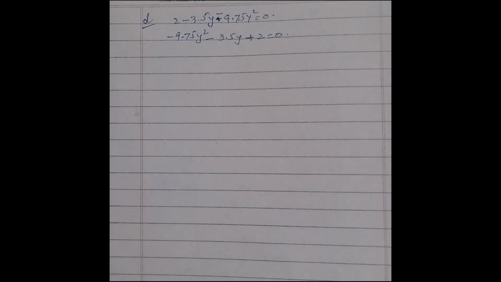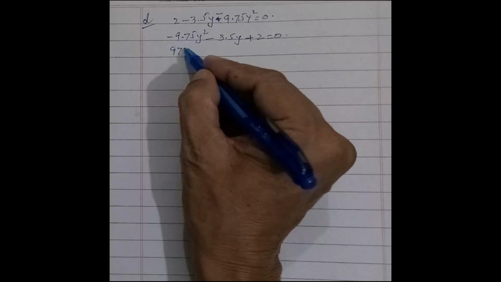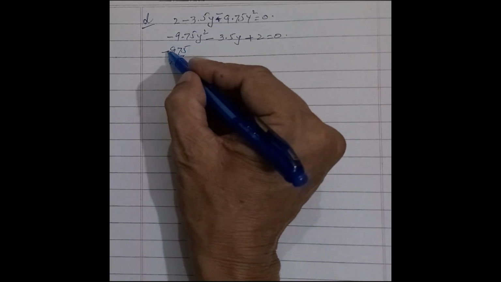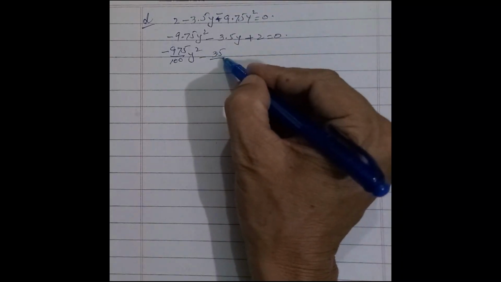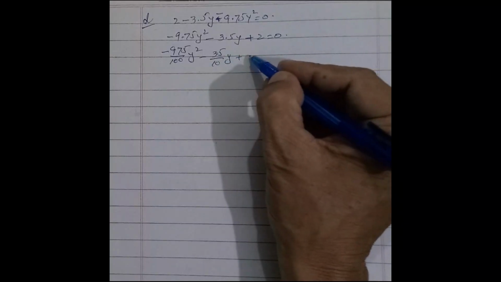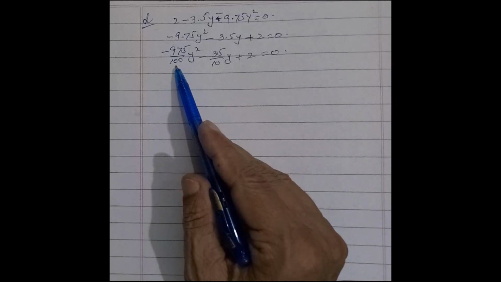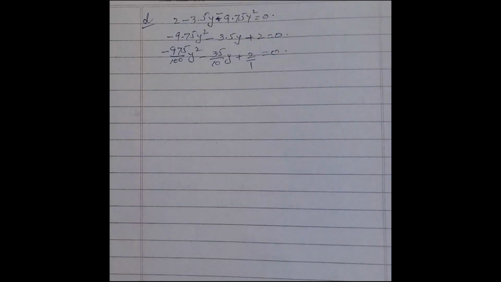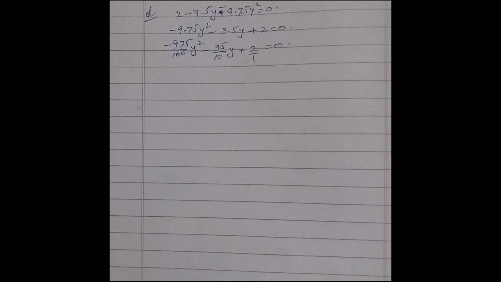In this question, we first remove the decimals of the values and then solve. First, we remove the decimal. It is minus 975 over 100 y square minus 35 over 10 y plus 2 is equal to 0. Now we take the LCM of 100, 10 and 1, which is 100.